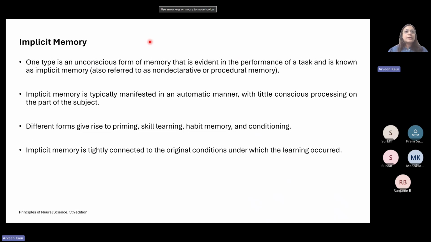So, implicit memory example could be reading, right? Reading is a skill that I have developed, right? If my brain did not have this particular line fed into it, my brain would have to read every sentence to make out what this is, right?